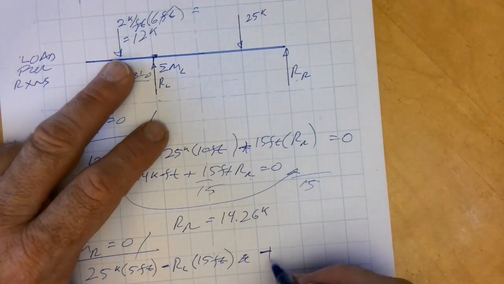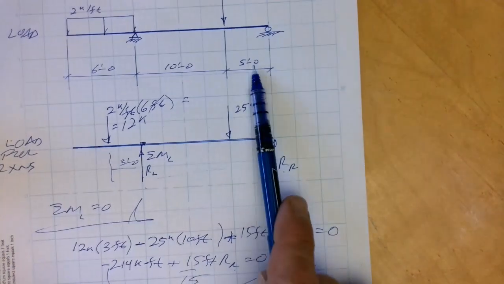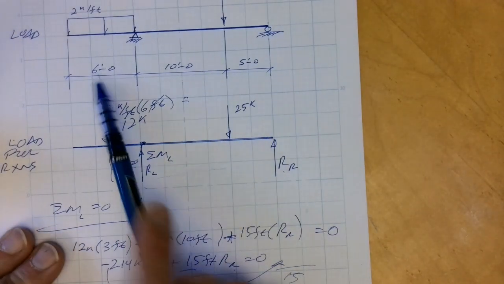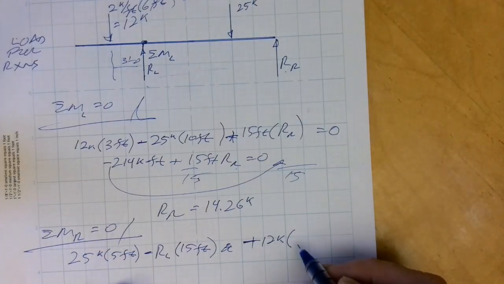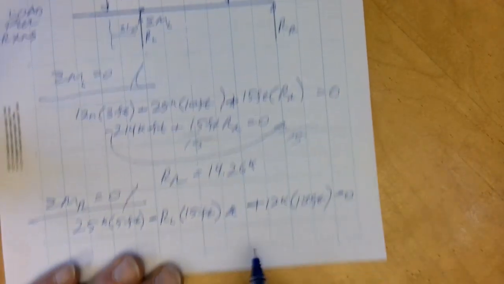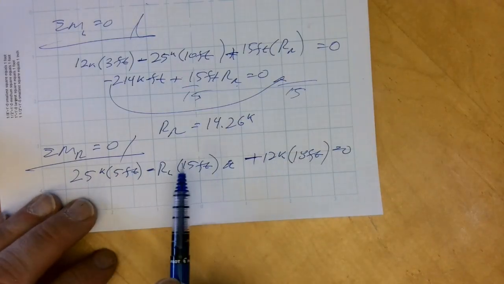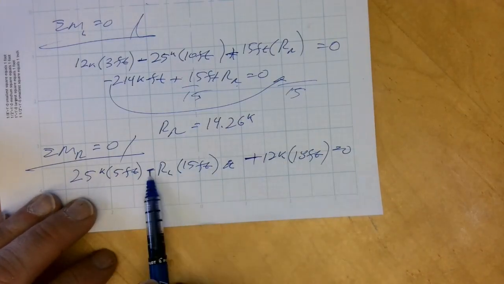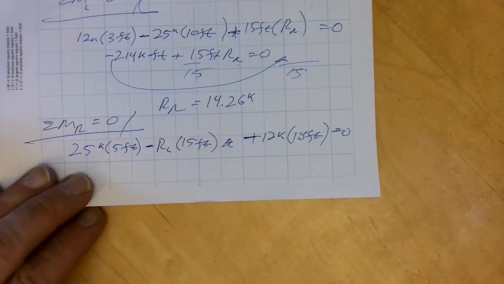So got 12 kips times its moment arm, which is going to be 5 plus 10 plus half of 6. So what's that? 10, 15, 20, or 18 feet. Alright, so I'm going to take that, add it to that, move this to the other side so it gets positive, divide that plus that by 15 feet.